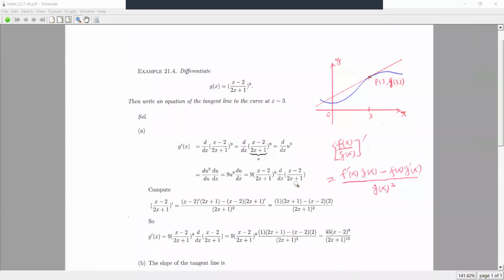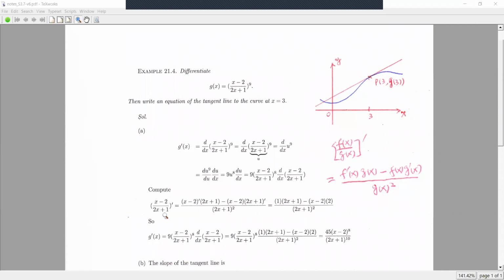Because the function in this derivative is a quotient, x minus 2 over 2x plus 1, I use the quotient formula to compute this derivative.